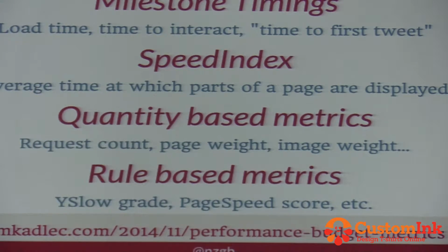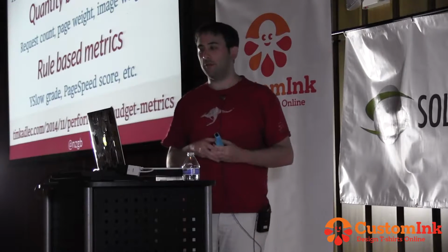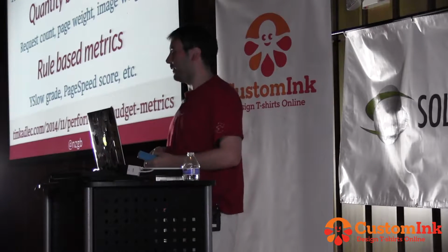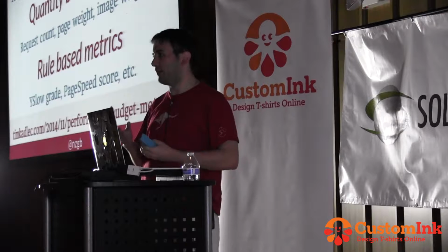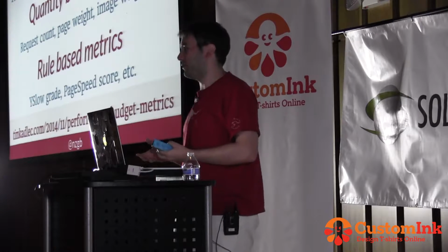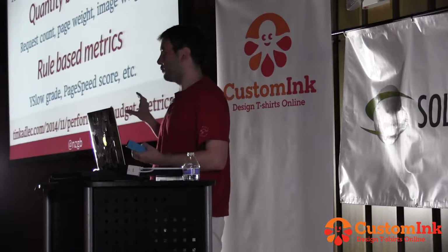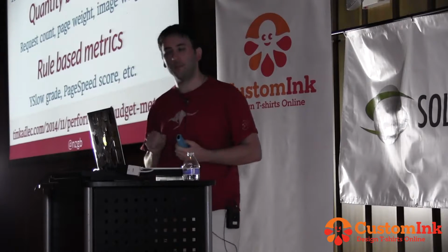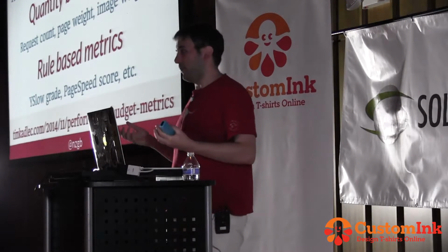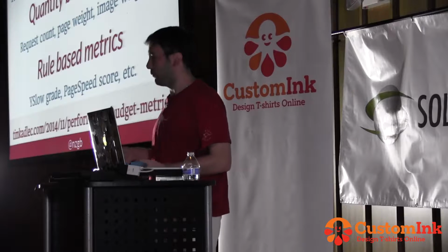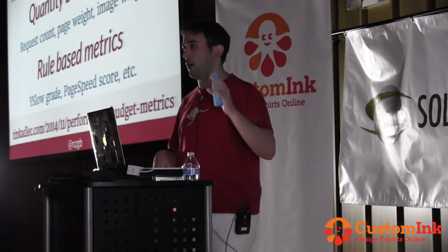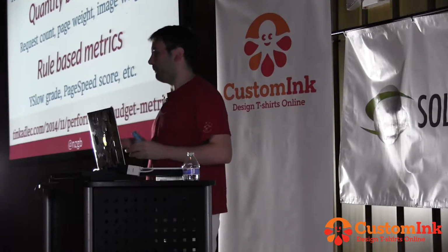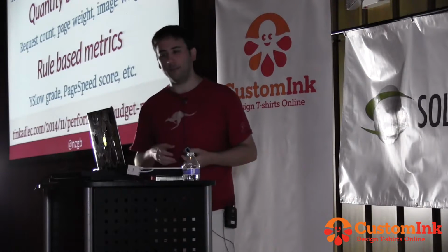So there's a few different things that we can track. One of them is milestones, and that's pretty basic. It basically relates to business metrics like the time to the first tweet that you display on your website. And obviously you probably don't have tweets on your website, but you might have a product or the headline for an article or things like that.